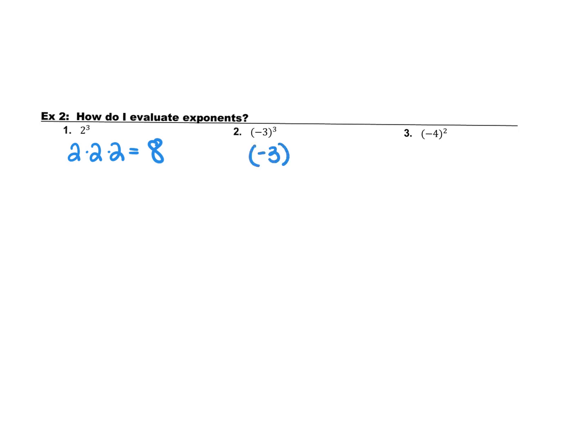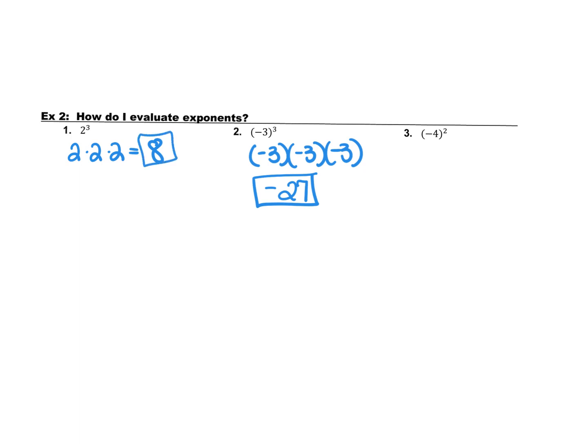I have negative 3 times negative 3 times negative 3. And then 3 times 3 is 9, and 9 times 3 is 27. So we're going to have 27, and let's now go back and look at those negatives. 2 negatives make a positive, but then a positive and a negative make a negative.